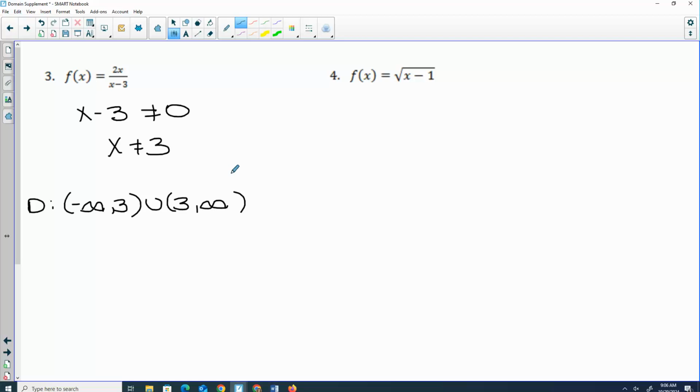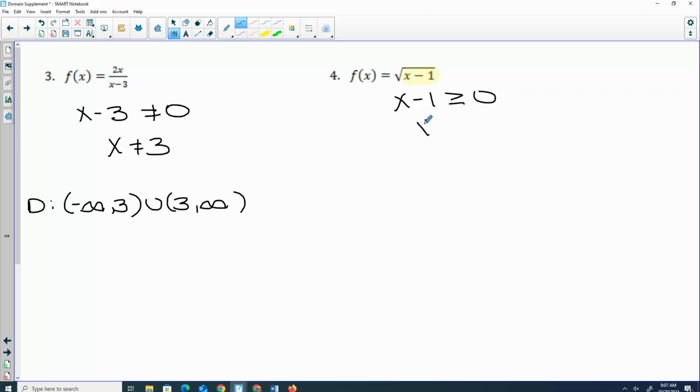All right, number 4. There's no fraction, but this time I have a square root. If we have a square root, what do we know? It can't be negative. Right. My radicand, the thing under the radical, which is my x minus 1, has to be greater than or equal to 0.